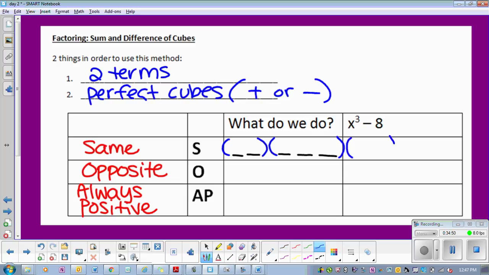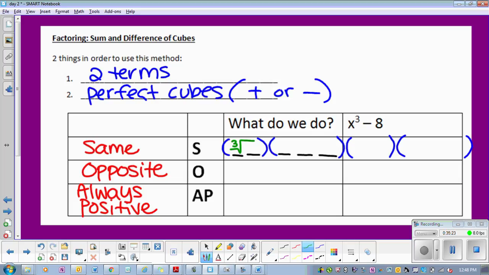Actually, we'll do it this way. I think it'll be easier this way. What I need to do is take the cube root. So I'll do this, cube root. Maybe if we draw it in there, it can kind of help us remember. Inside the little parentheses, the binomial, I need to take the cube root. So if I look over here at my example, x cubed, what's the cube root of x cubed?